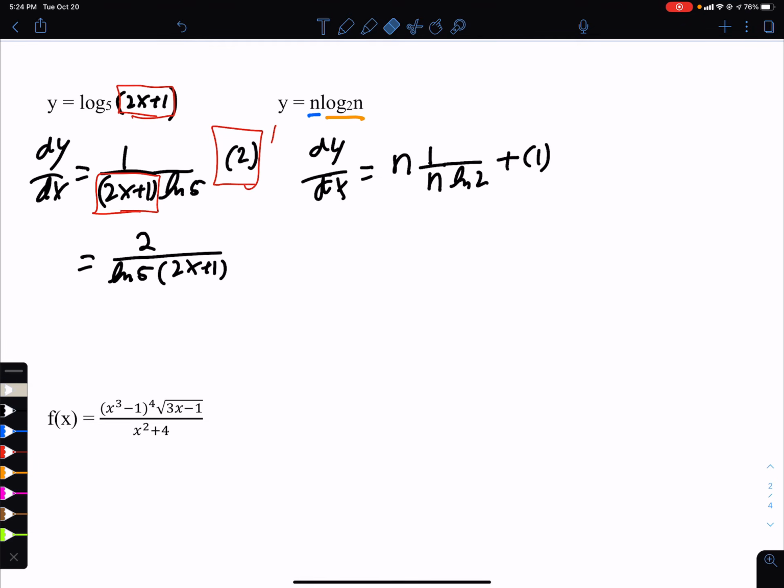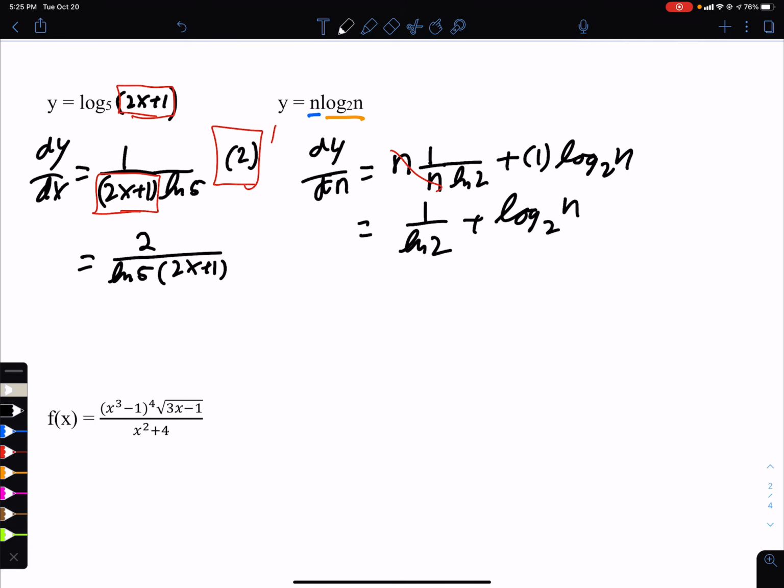Oh, I forgot to say our variable's n. It's dn. Okay, so leave the first alone, the derivative of the second. That's just the new rule you learned. It's 1 over n times, on the bottom you have an ln of the base. And then you take the derivative of the first, which is 1, because n is our variable, and we leave the second alone. And wonderfully, these n's cancel. So we get 1 over ln of 2 plus log base 2 of n.